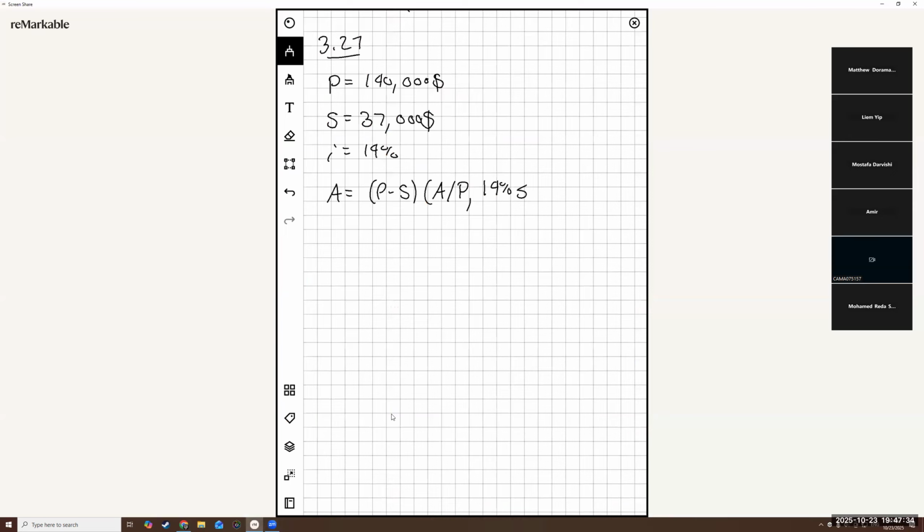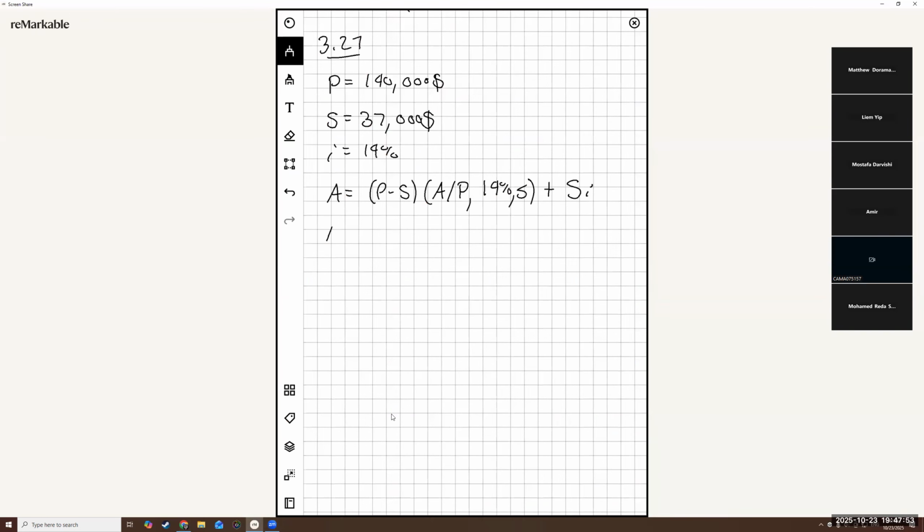So the question made no mention of how anything is compounded. So we're gonna assume it's compounded yearly. So my interest rate and my N periods will be in terms of years. Plus S times i.